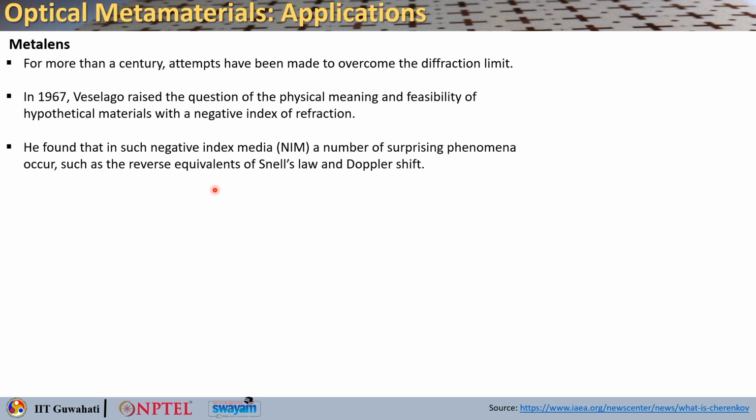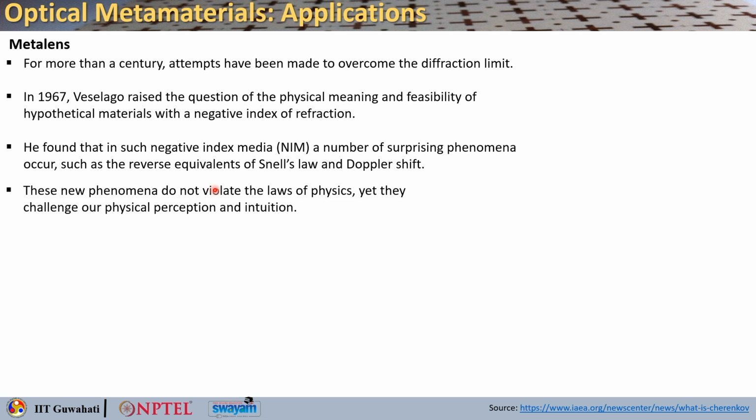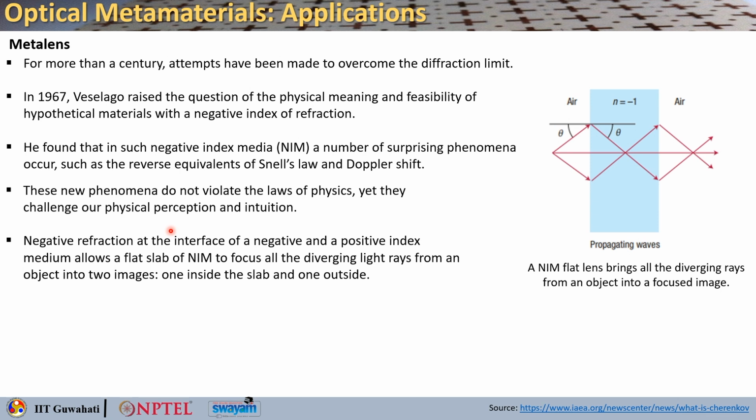Doppler shift is nothing but the change in the frequency of a wave in relation to an observer who is moving relative to the source of the wave. I believe all of you know this. These new phenomena, this reversal, do not violate the laws of physics, but they are pretty challenging to realize, they are counterintuitive, and physical perception is also a bit difficult.